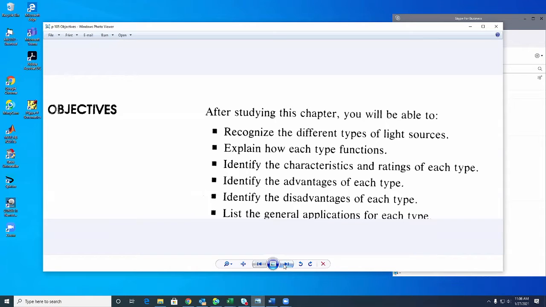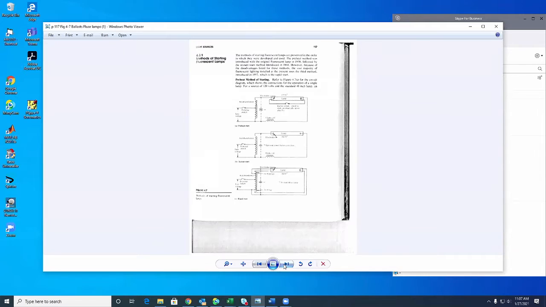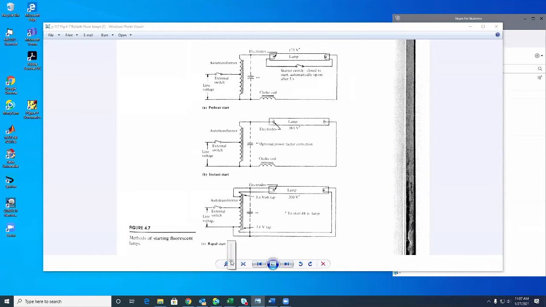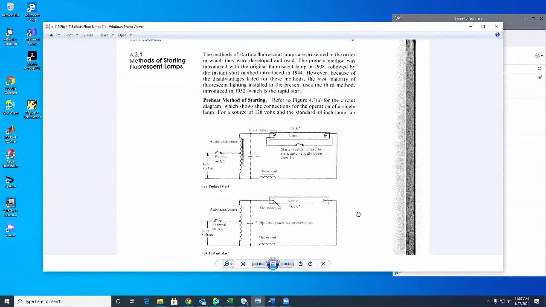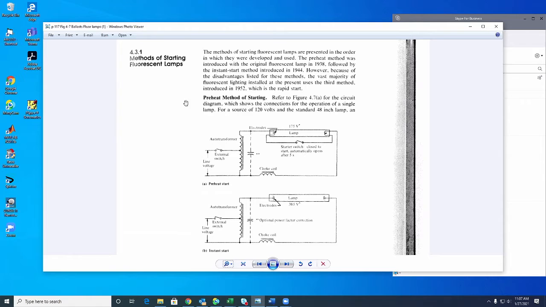The objectives. Different types of light sources. Function. Characteristic and rating. Advantages, disadvantages of each type. General applications of each type. Okay, so then here we have fluorescent lamp. Methods of starting a fluorescent lamp.